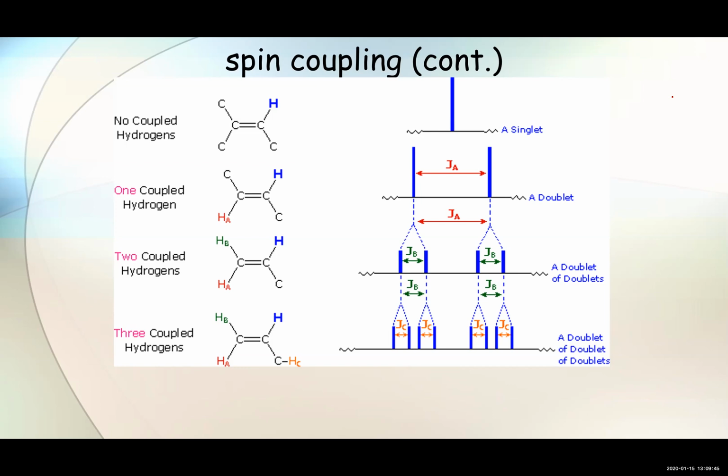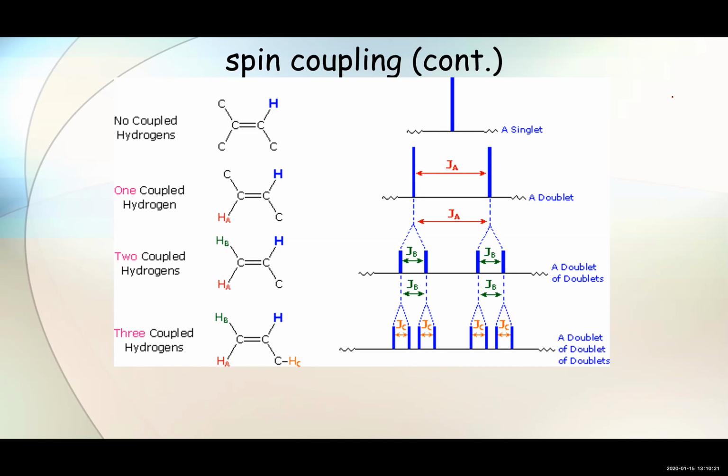And you'll get a value that's a little bit different than JB. So instead of getting a simple pattern of just 1 or 2 or 3, you're going to get something like this. And they would often call this a doublet of doublets, and they'll call this a doublet of doublets. It's splitting. And the way you do this is by creating essentially a tree for the coupling constants, and you can draw out what you expect to see based on the coupling constants.